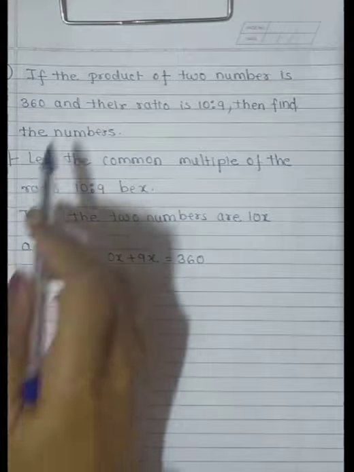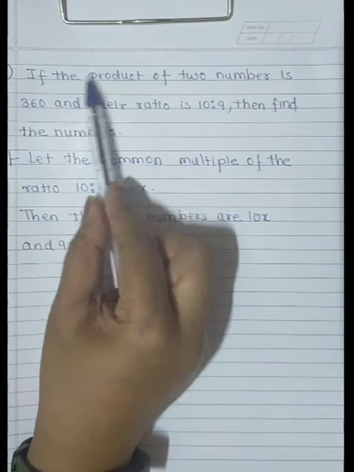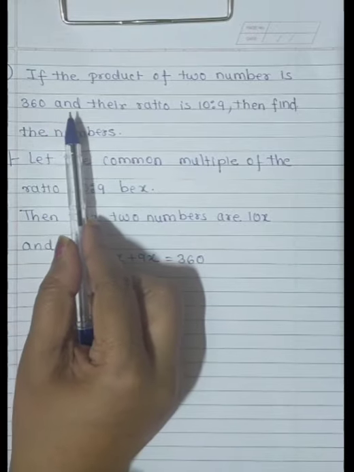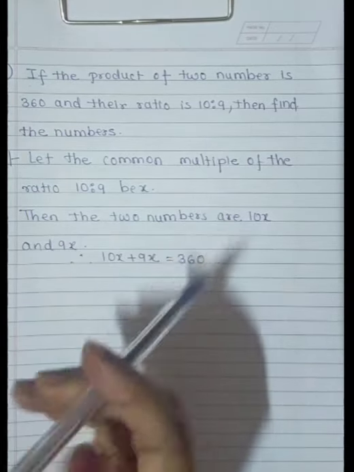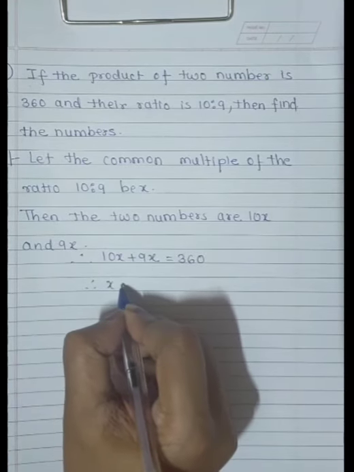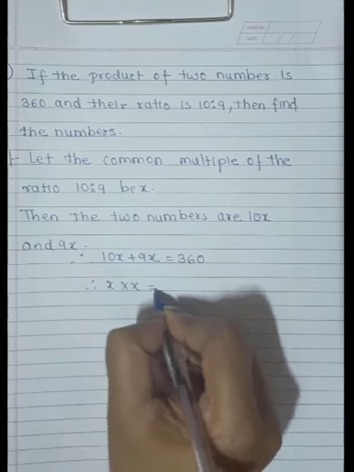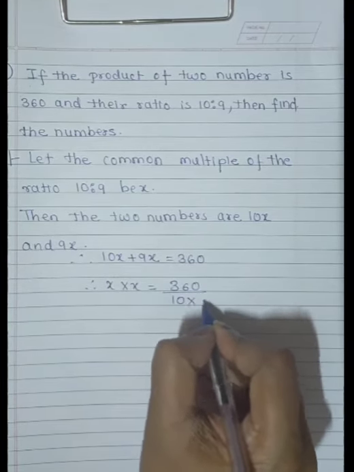See in the question what is mentioned? They have mentioned the product of two numbers is 360 and the ratio is 10:9, then find the numbers. So we'll take a square, x into x is equal to 360 upon 10 into 9.